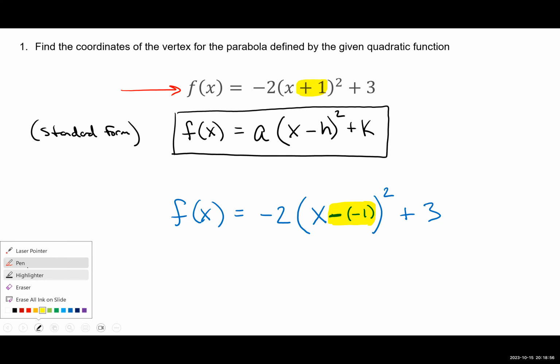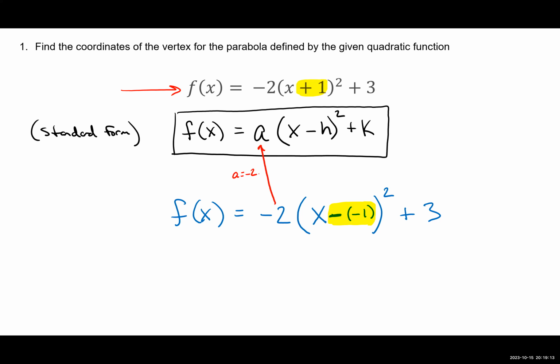So now the reason I did this is because, let's just connect this to the model. A is negative 2. H is the number after the minus sign.